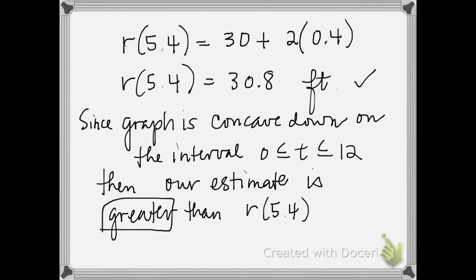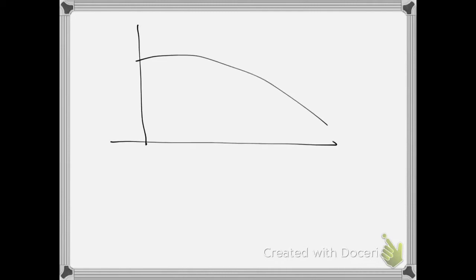Now you might say, why is it greater? It's because if your graph is concave down, I'm going to draw a sketch of that. So let's say your graph is concave down, so it's going to be like that, right? The curve would look like that, concave down. So anywhere you are, your tangent line will always be above the graph, right?